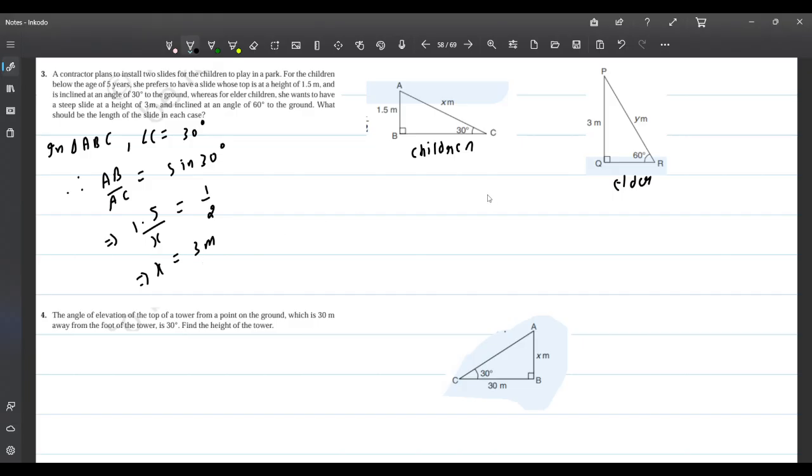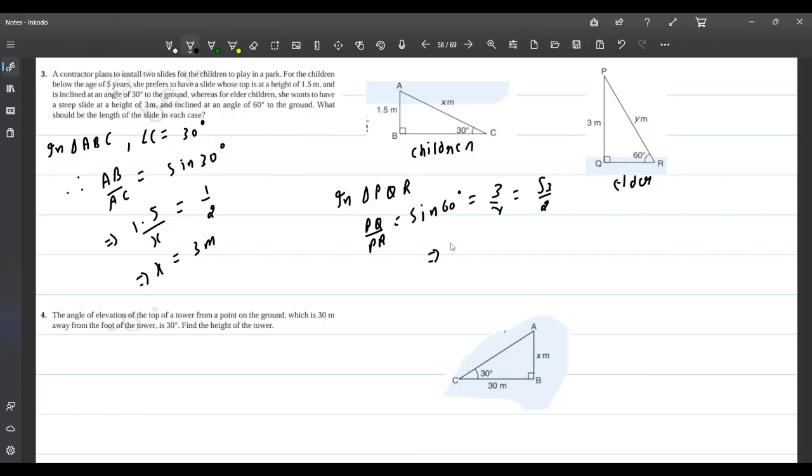Now for elder. So in triangle PQR, PQ upon PR is equal to sin 60, which is equal to 3 upon y, and this is equal to root 3 by 2.